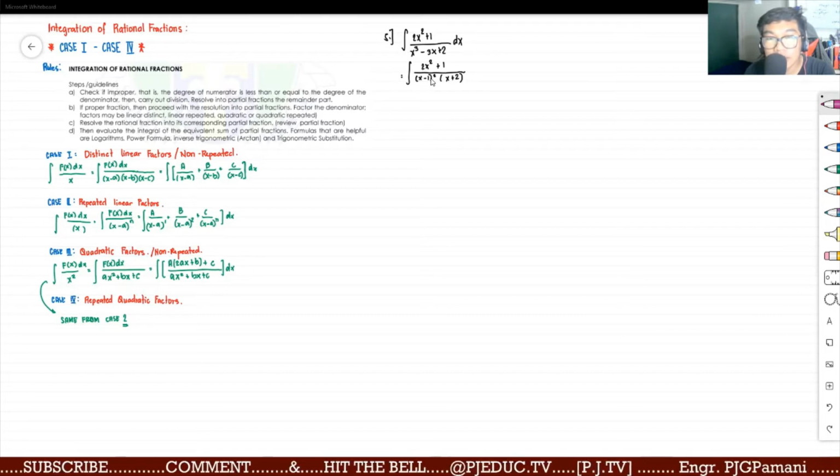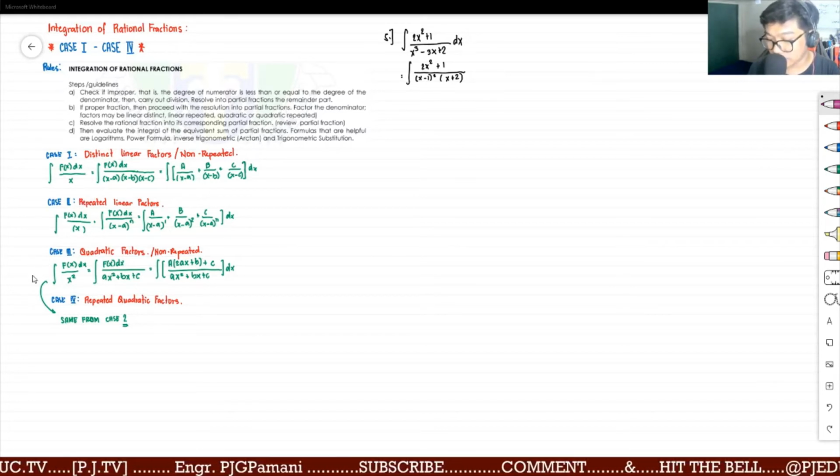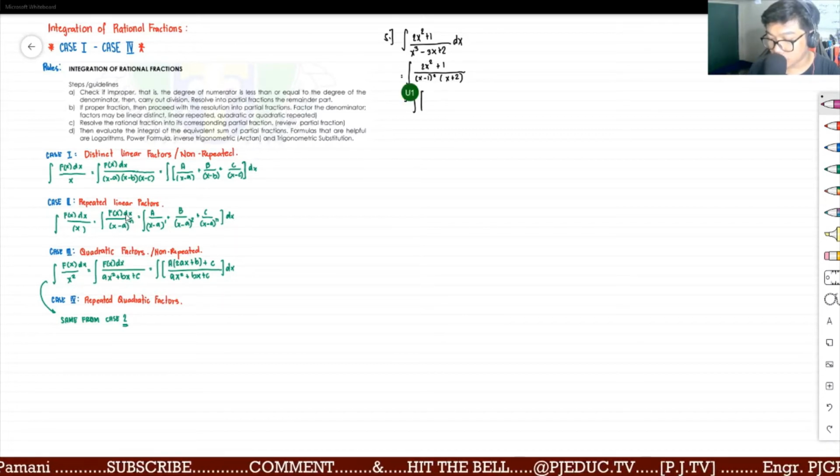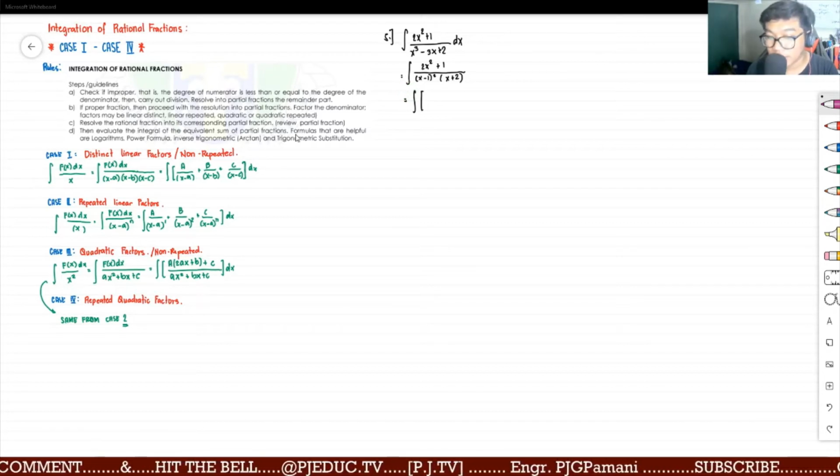So meaning, if it is a repeated linear factor, anong gagamitin nating case? We'll have to use case number 2, which is now a repeated linear factor. How are we going to interpret that in our rational partial fraction?